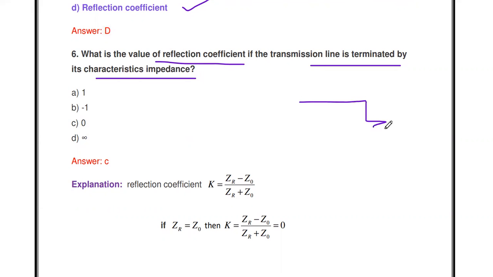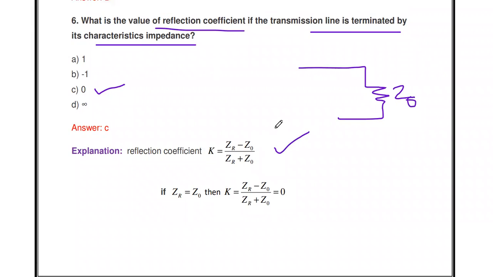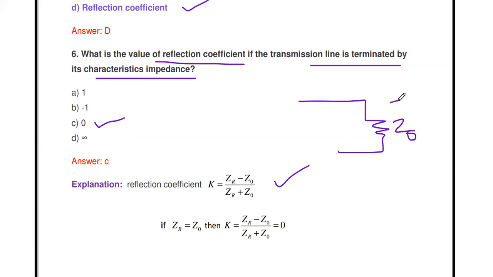If the line is terminated by the characteristic impedance Z0, the reflection coefficient value is 0. Look at the formula: the condition given is that the load impedance ZR equals Z0. Substituting, the numerator is 0, and 0 divided by anything is 0. So the reflection coefficient is 0, which means it is a matched transmission line.